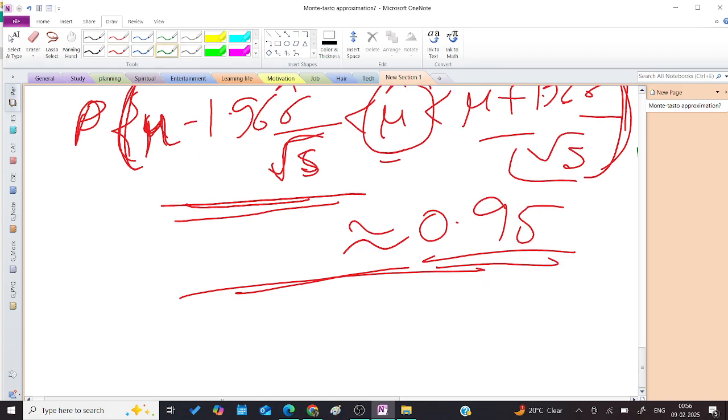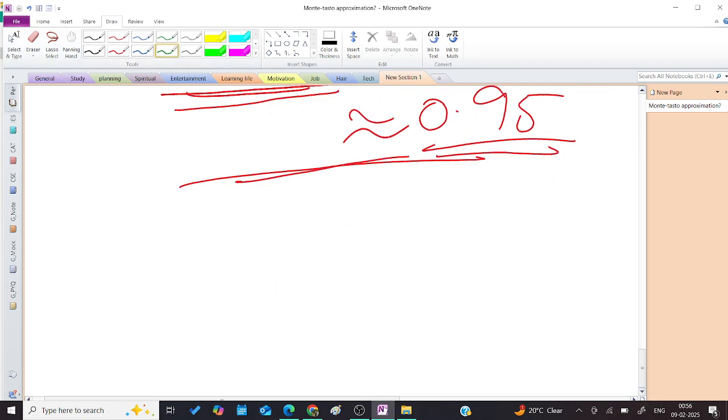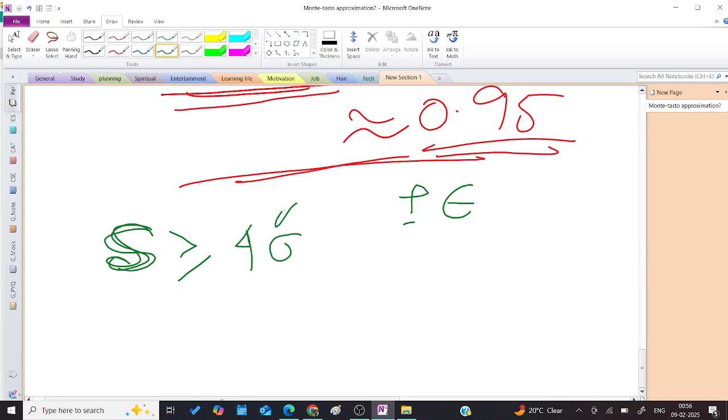And to find the sample size S such that the answer should be accurate within plus minus epsilon, S should be more than or equal to 4 sigma hat square by epsilon square, which is an approximate value.